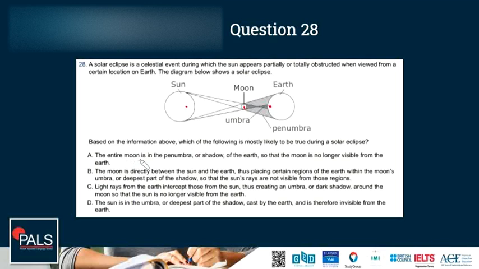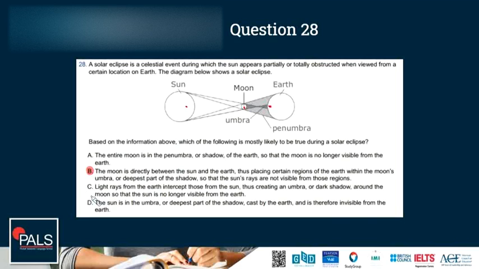The moon is directly between the sun and the Earth, thus placing certain regions of Earth within the moon's umbra, or deepest part of the shadow, so that the sun's rays are not visible from these regions. That exactly describes what we see on the illustration above, so that's probably the correct answer.